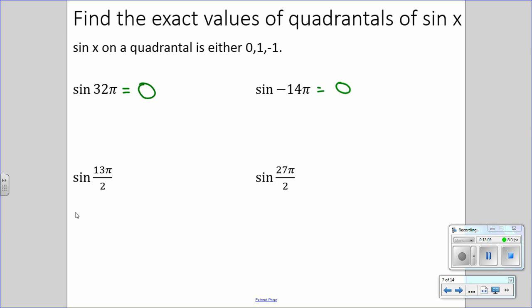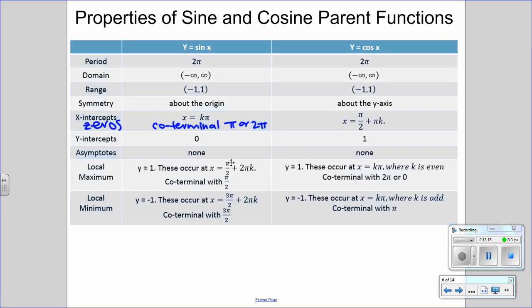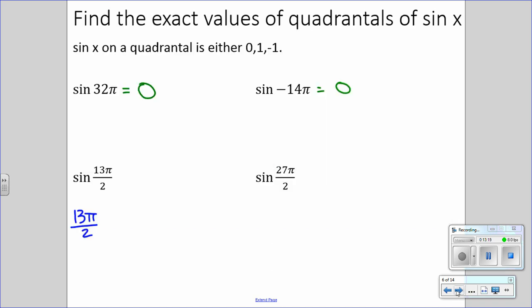So if I have 13 pi over 2, to figure out, again, let me flip back to the chart, whether that is coterminal with pi over 2 or 3 pi over 2, I do need to subtract revolutions and get back to that. So if I subtract revolutions, you're subtracting in terms of 2 pi, which means I have to make this a 4.